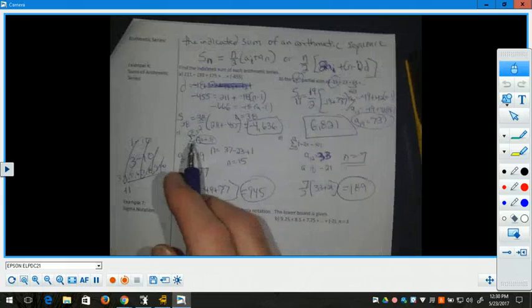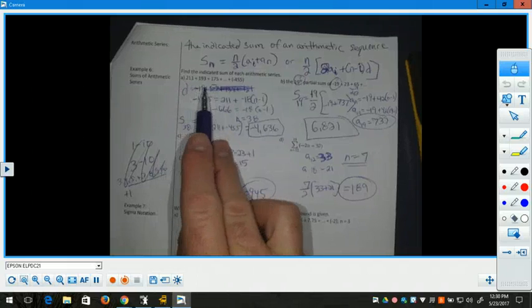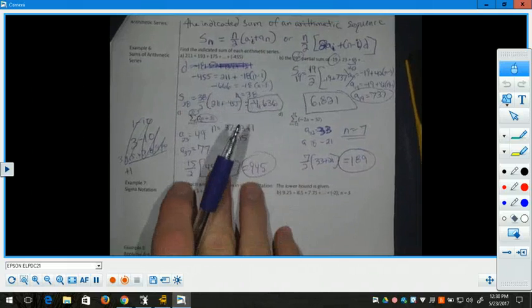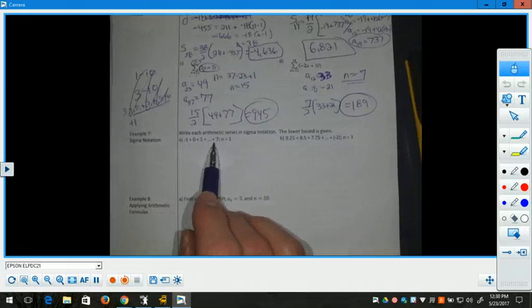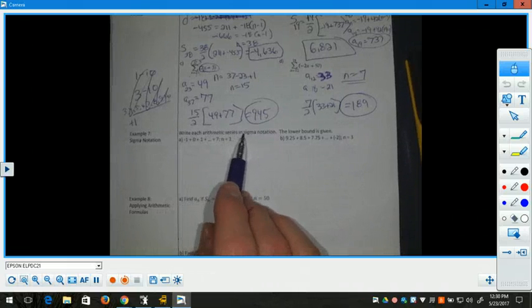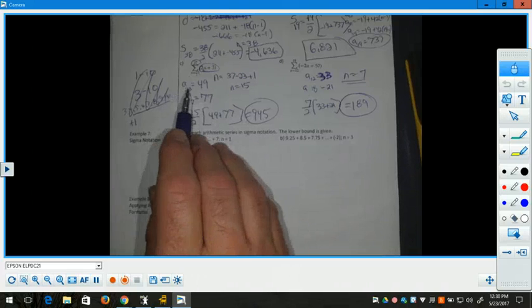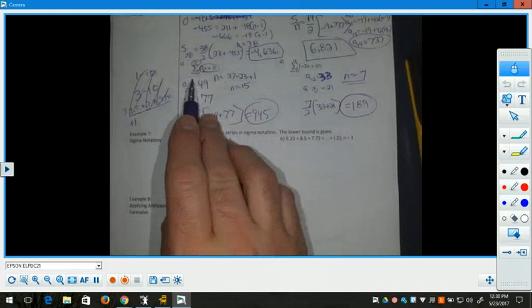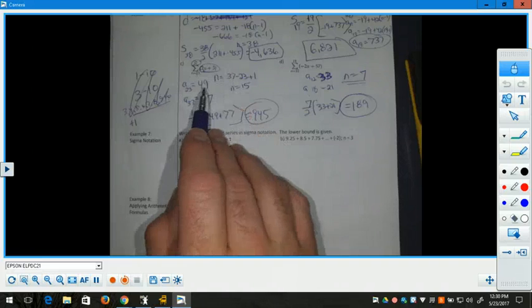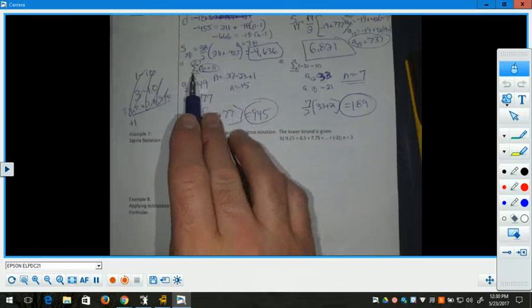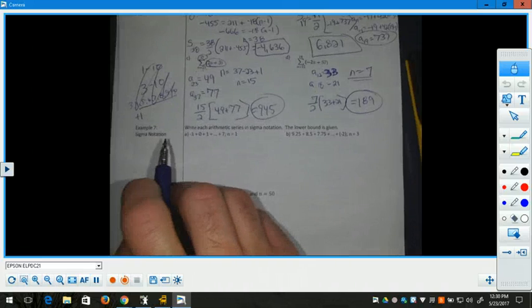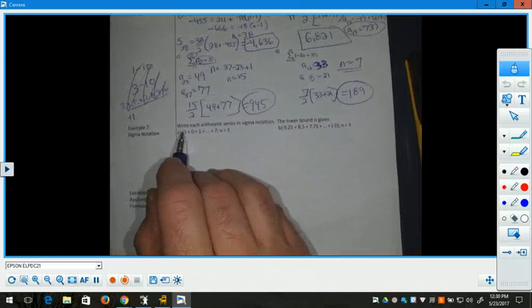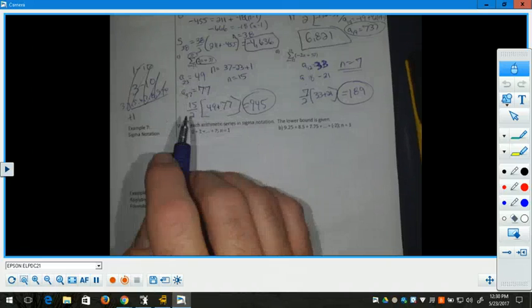Now, that is finding the partial sum of a series. But sometimes we're actually given the series and asked to write the arithmetic series in sigma notation. So rather than taking the sigma notation and expanding it and adding them up, or taking the sigma notation and using the formula to find the partial sum, we're actually asked to express this.